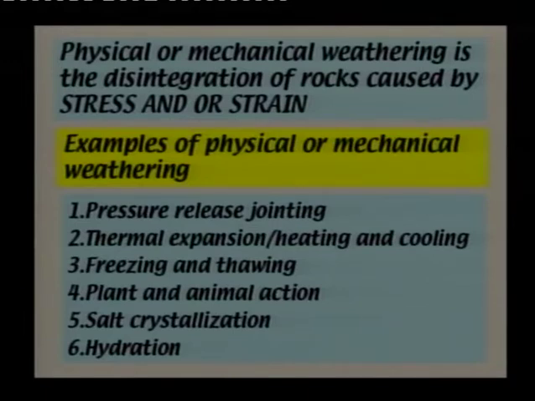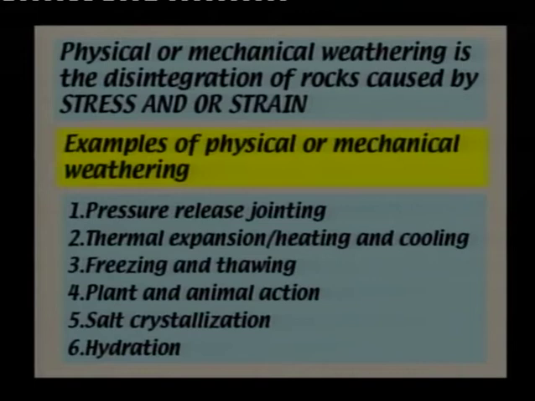Then there is also plant and animal action. One might wonder whether plant and animal action should come together with biotic or biological weathering. But the actions of plants and animals can also contribute to stress and strain exerted on rocks, resulting in them breaking up.